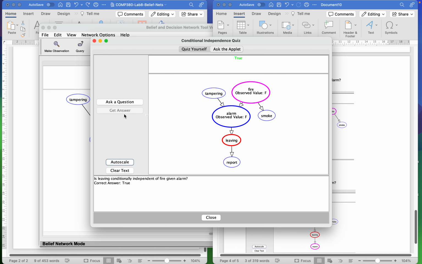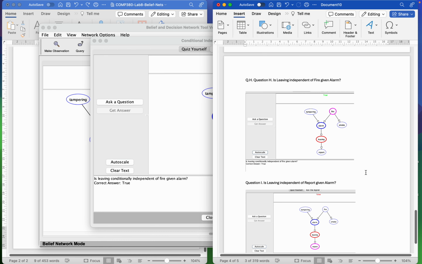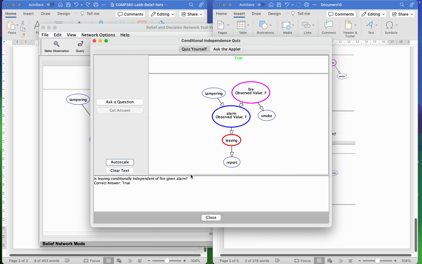Let's get an answer. It comes out true, because leaving is independent of fire given its relation with alarm. The value of alarm decides what leaving is going to be.